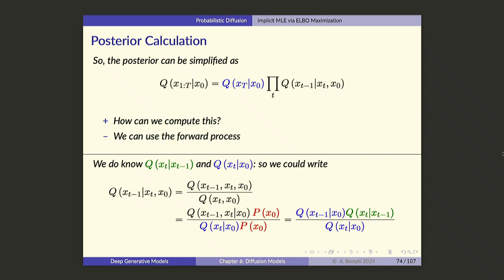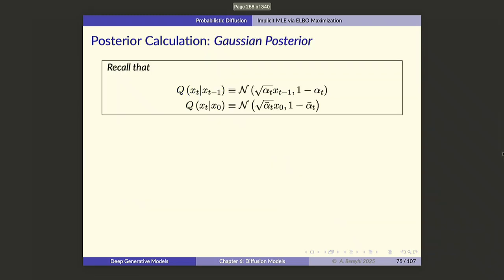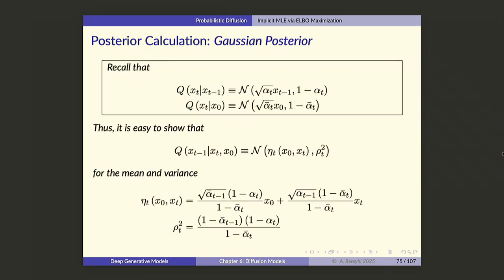You just replace into this fraction, you do a bit of math, and you end up seeing that this distribution is again a Gaussian distribution with a new mean and a new variance. It's not magic. Just write down the exponentials, make the same denominator for the fractions, and then it pops out. Okay?